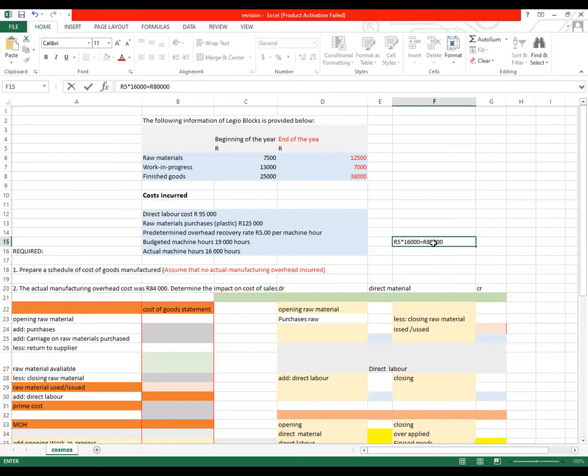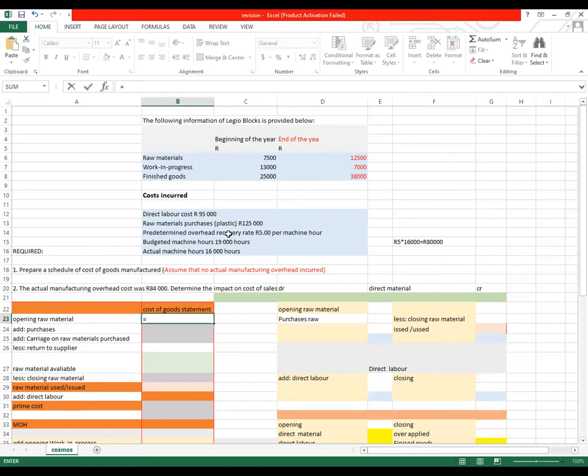manufacturing overhead, guys. If you get information like this, just write this down, guys. Make sure you write this down. This one you're going to use as your manufacturing overhead, which means for now, one problem solved. Let's continue, guys. Here we have been given the opening raw material.